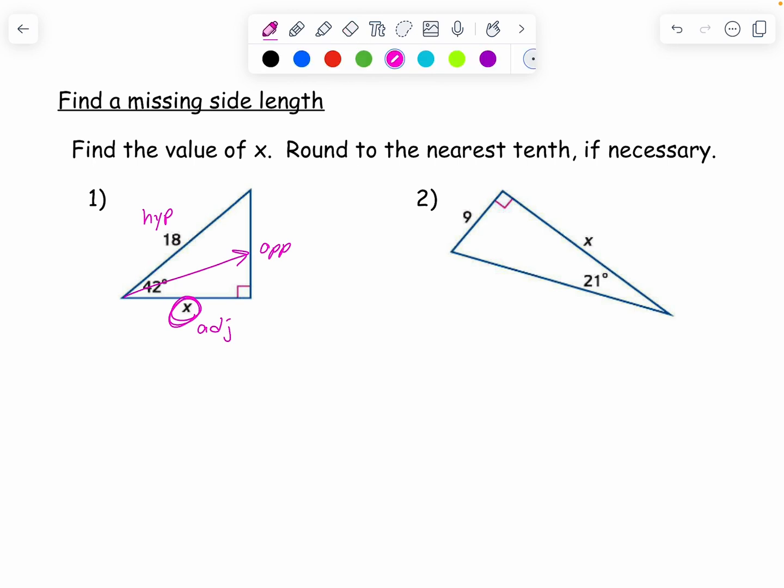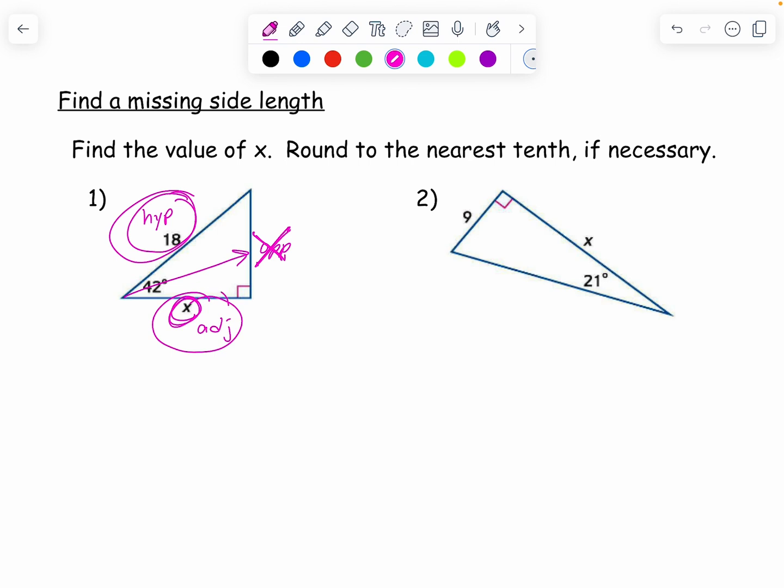Now, I have two sides that I either know or need to know. I've got my 42-degree angle, I have my hypotenuse, and I need to know the adjacent. I don't know what the opposite is, and I don't need to know it, which means I will not be using the opposite.